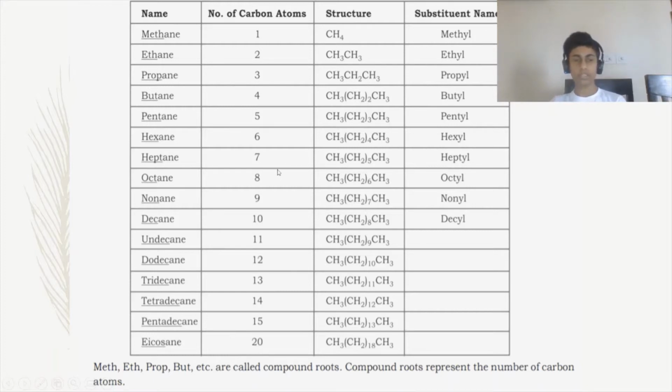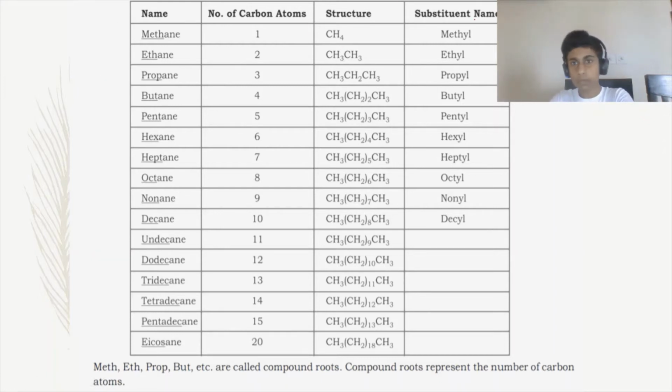Whatever we have written, methane, ethane, propane, butane, these are all alkanes, so we add the suffix ane. Now, if we have to add a substituent, like CH3, CH3CH2, CH3CH2CH2, like that, we would just remove the a and e and add yl.